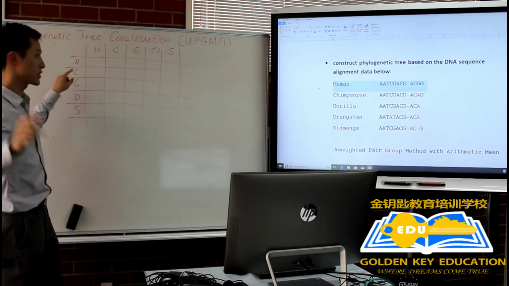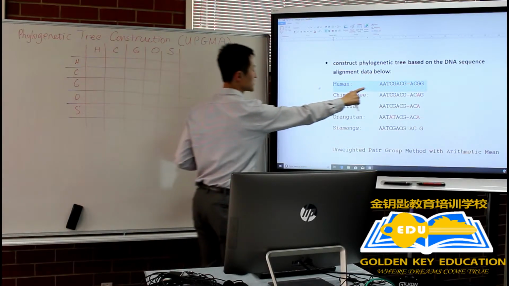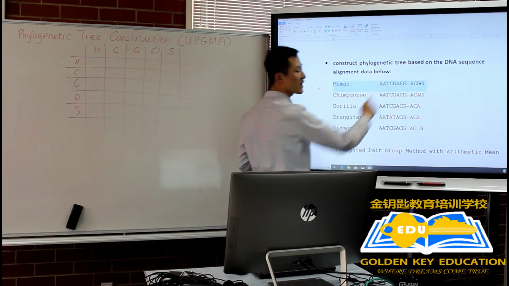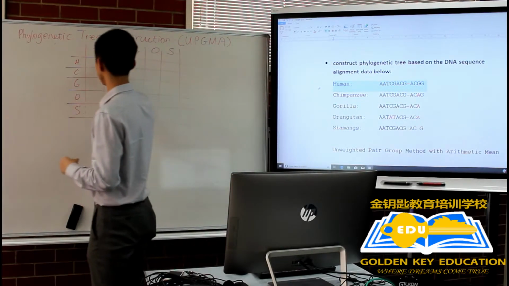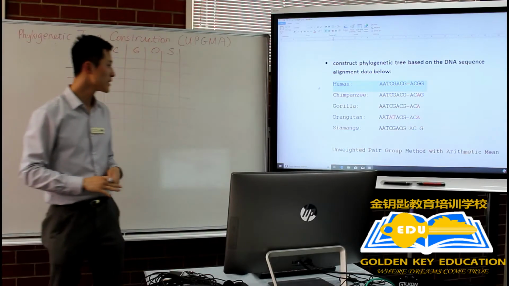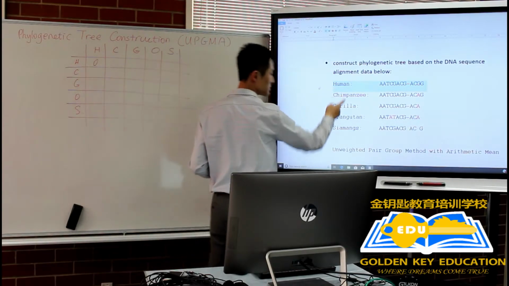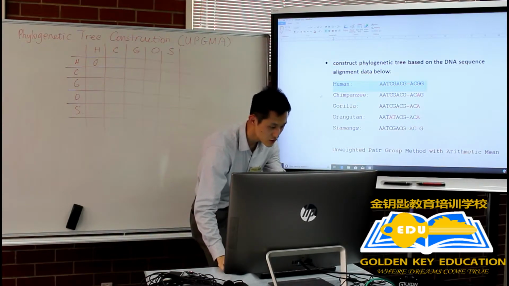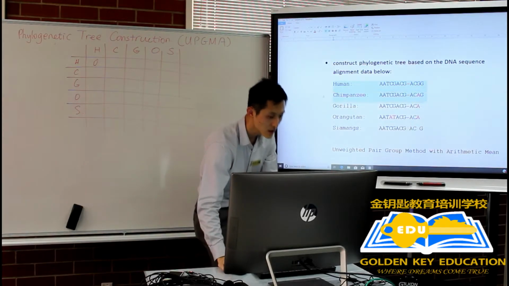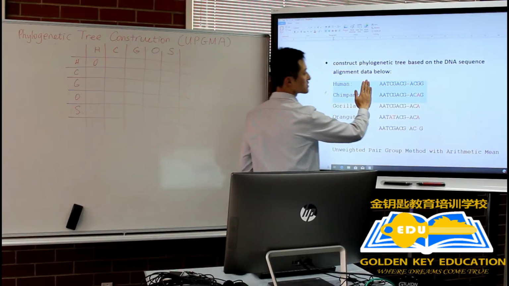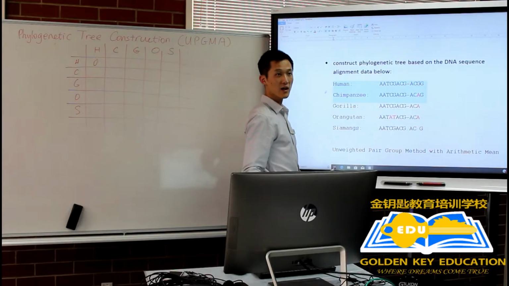Okay, now if we're firstly looking at human, when human is compared to himself, all the sequences are aligned, so therefore there's no difference, i.e. the difference score will be 0. Now we're looking at human and chimpanzee, which are these two groups.